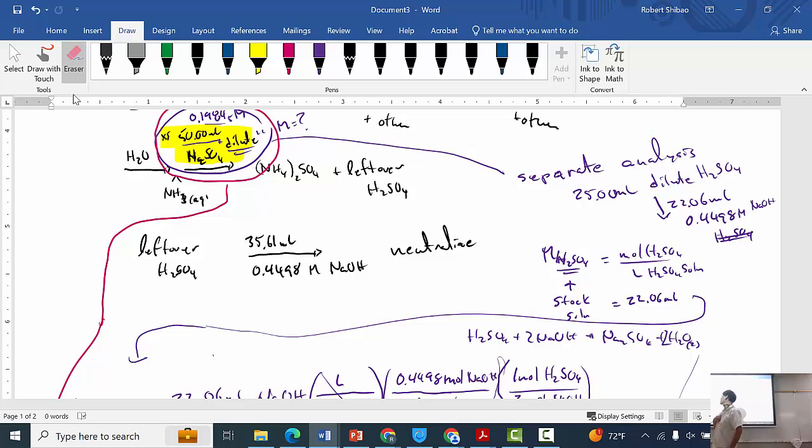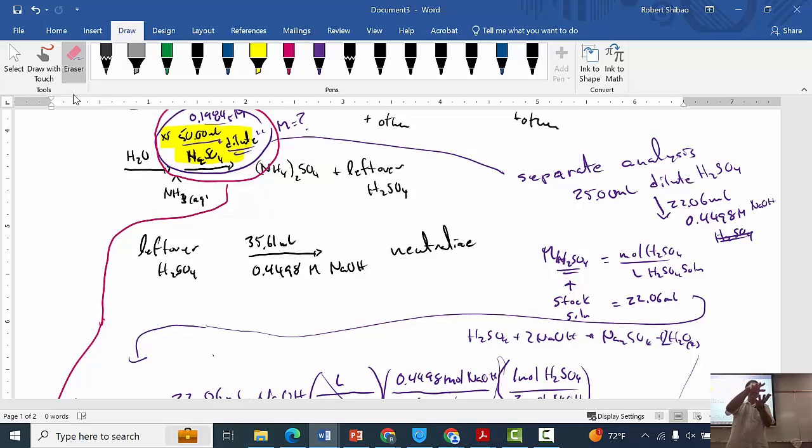So since it's all mixed up, all we're going to do is use this titration to figure out how many moles of H2SO4 we have at the end. And so this is why I'm going to moles and not molarity. I want to figure out how many moles I'm using, because it doesn't matter the volume of the liquid. The volume could go up or down, but it's not going to change the number of moles inside. This is why when we're doing titrations, it doesn't matter if you squirt more water into your Erlenmeyer flask, because it's not going to change the number of moles inside.